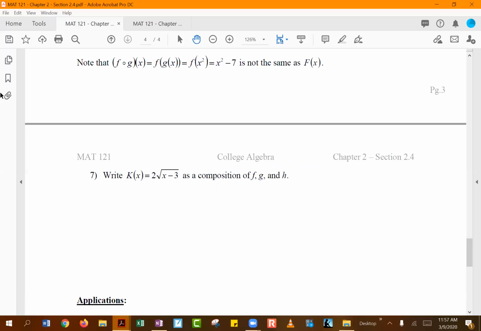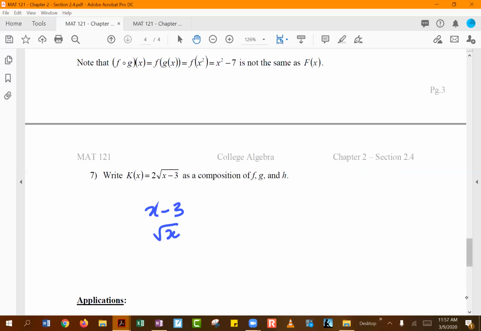So start with x. What's the first thing we're doing to x? Subtracting 3 from it. So that's actually going to make one of our functions. After we do the subtraction, what's the next operation happening on that answer? Square root. The square root is going to make one more function.